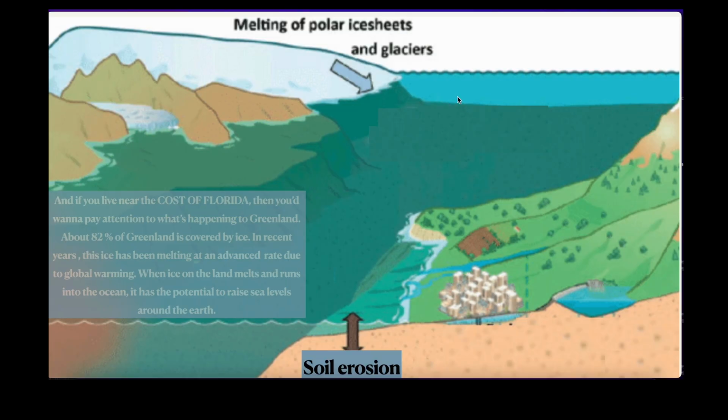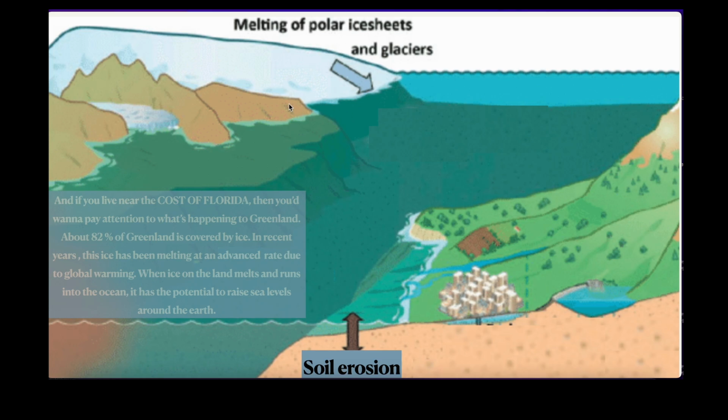Because of the melting of these polar ice sheets and glaciers, the level of the water is increasing. If you live near the coast of Florida, you'd want to pay attention to what's happening in Greenland. About 82% of Greenland is covered by ice. In recent years, this ice has been melting at an advanced rate due to global warming. When ice on the land melts and runs into the ocean, it has the potential to raise sea levels around the earth.